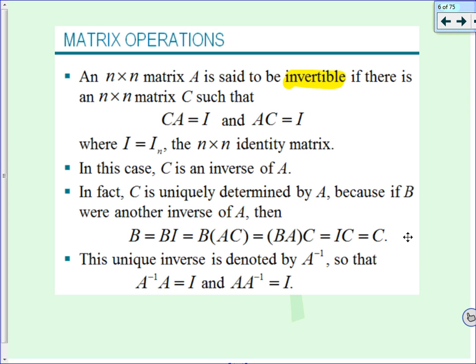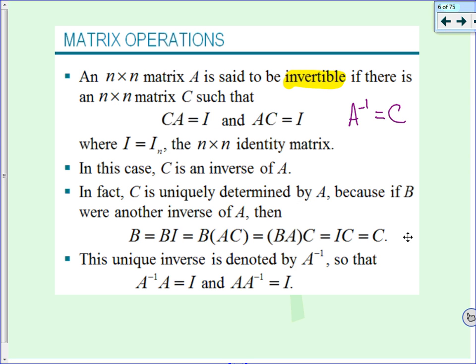An invertible matrix is a matrix that has an inverse. If you have a matrix, in this case C, that you can multiply by matrix A in either order and you get the identity, those matrices are inverses of one another. So A's inverse is C in this case.